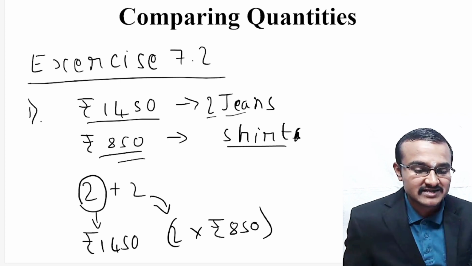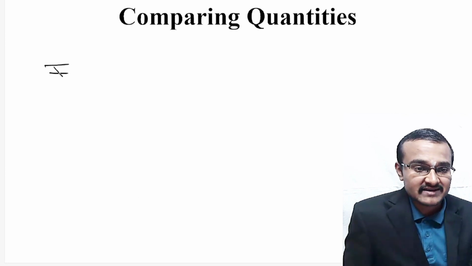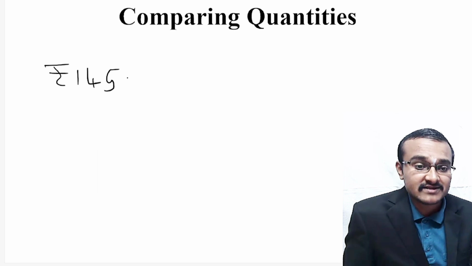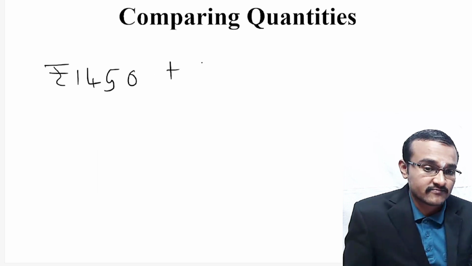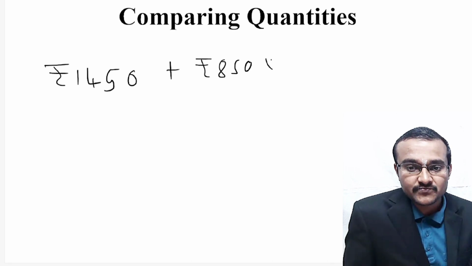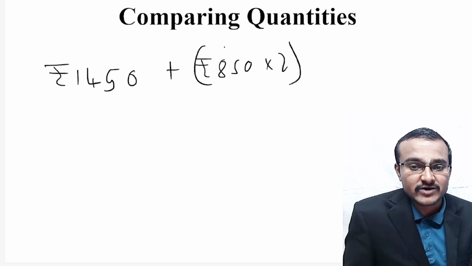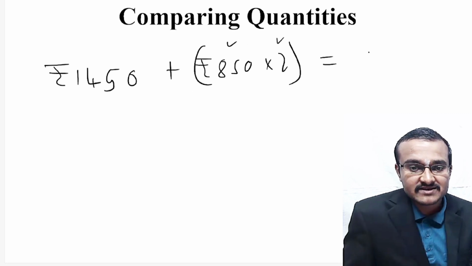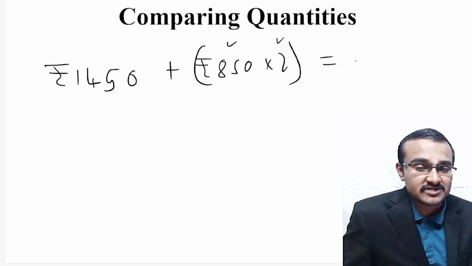If he is taking them at the market price, he has to pay 1450 rupees plus 850 rupees into 2, because this 850 rupees is for one shirt and he has to buy two shirts. So the total cost will be 850 into 2 plus 1450.